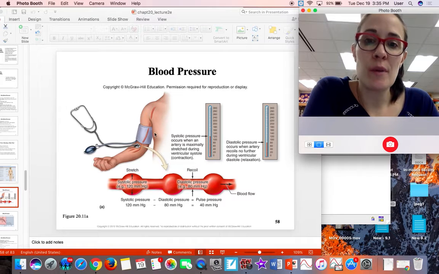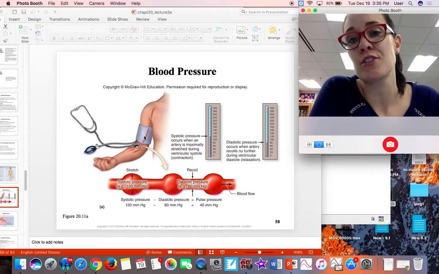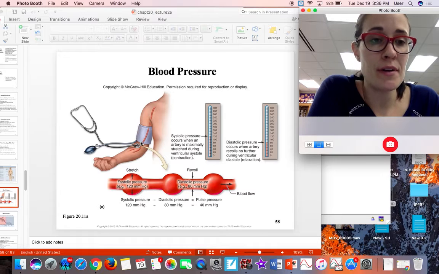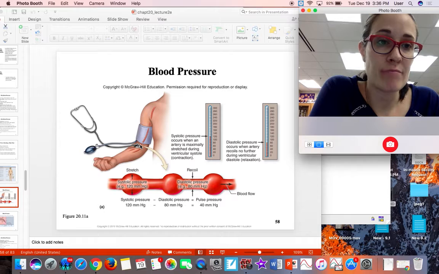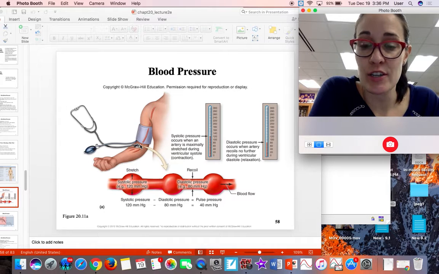You do it by putting a blood pressure cuff over the arm, the brachial region. When you pump up this cuff, it cuts off circulation to the artery in the arm. You feel pressure and it kind of hurts.